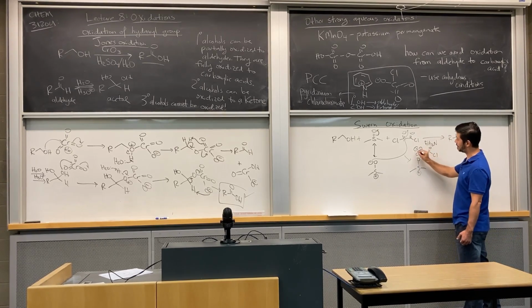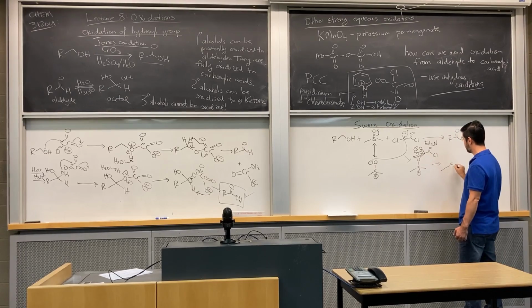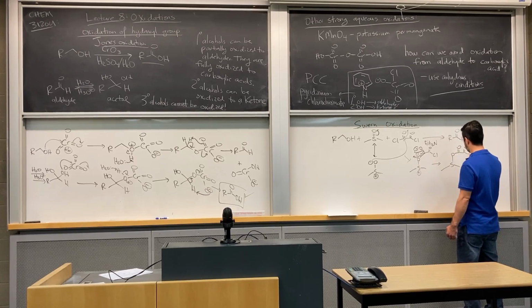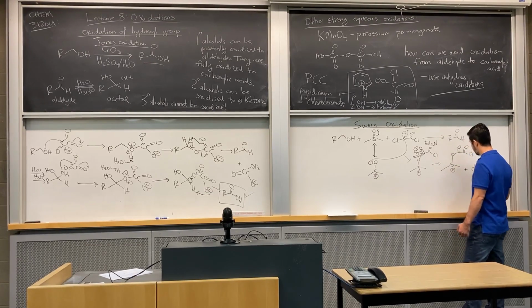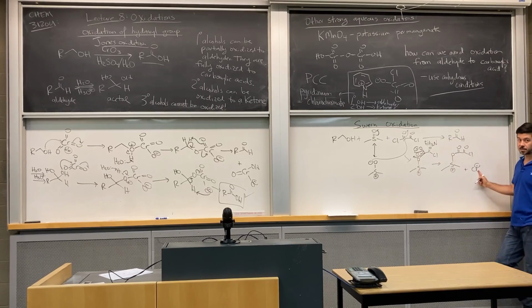Now, we're going to collapse that tetrahedral intermediate. Your best leaving group here is Cl. The chloride is going to leave, and the chloride is going to be left as an anion.